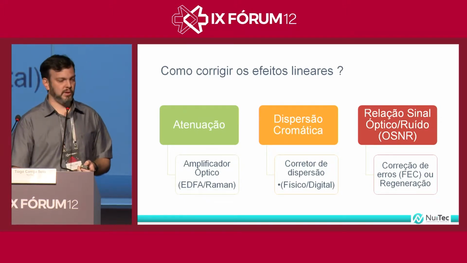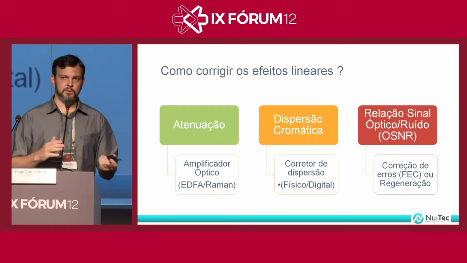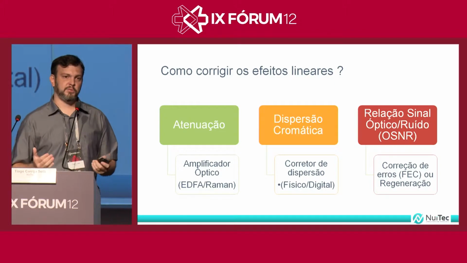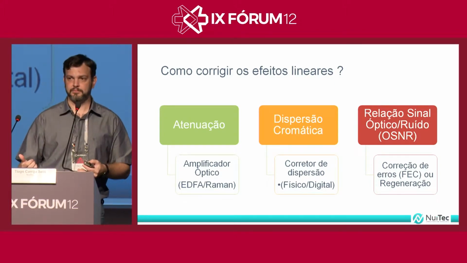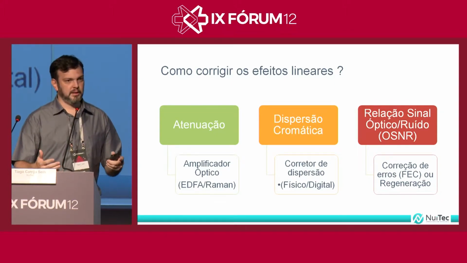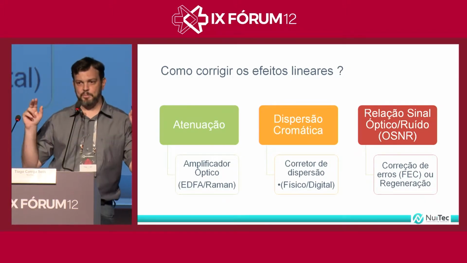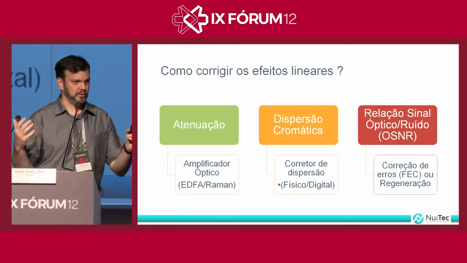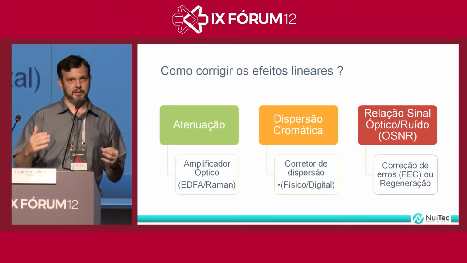And the effect of the noise, well, the noise is inserted when you have an amplifier. Generally, when an optic signal has to go through an amplifier to be amplified, the amplifier is inserting new photons that in a simple way are copying the frequency of the photons that arrive at a lower frequency.